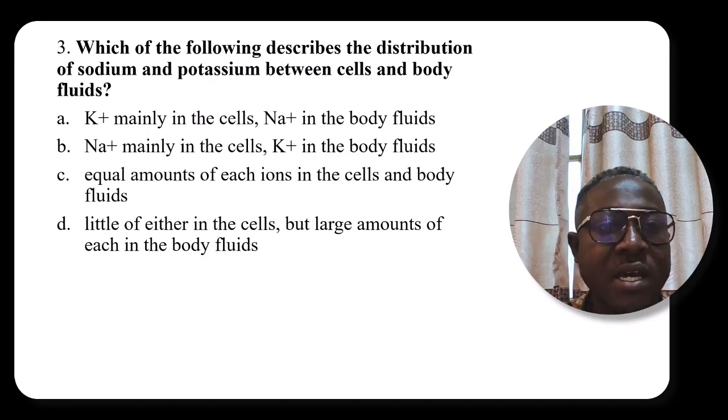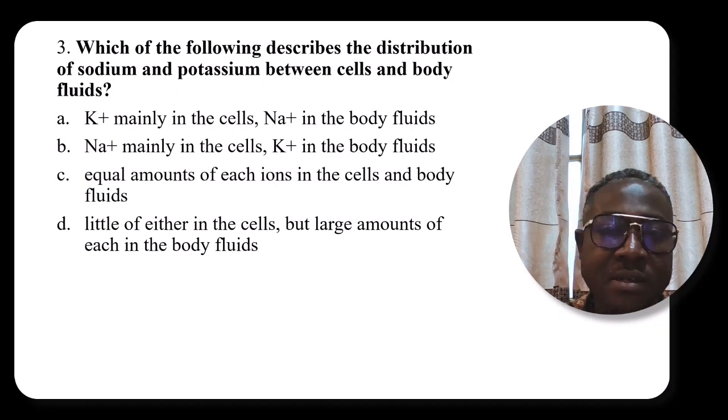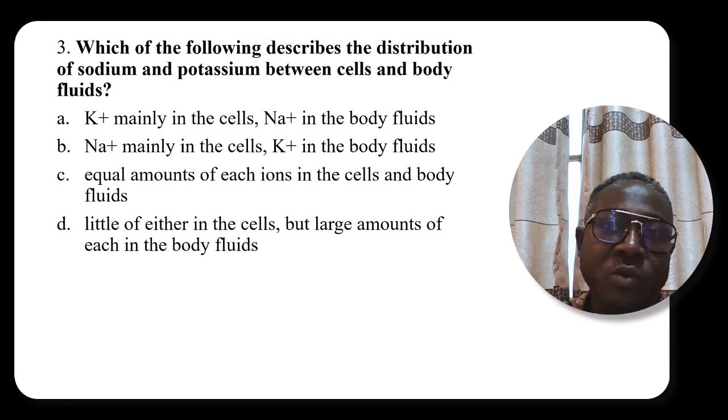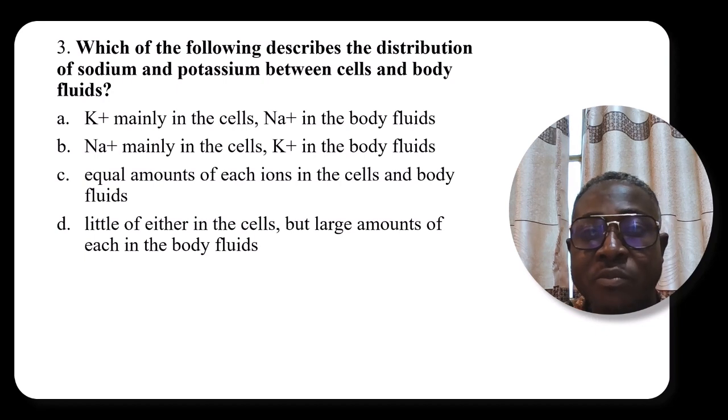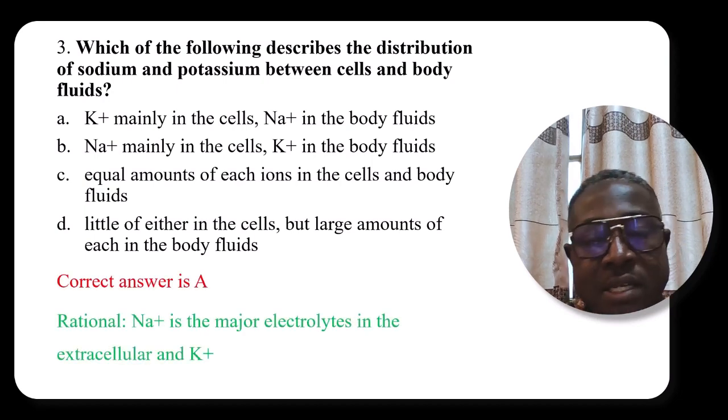C. equal amounts of each ion in the cells and body fluids. D. little of either in the cells but large amounts of each in the body fluids. I just explained this for you, so it should be simple to write your answer in the comment section within a second. All right, now let's look at the correct answer here.